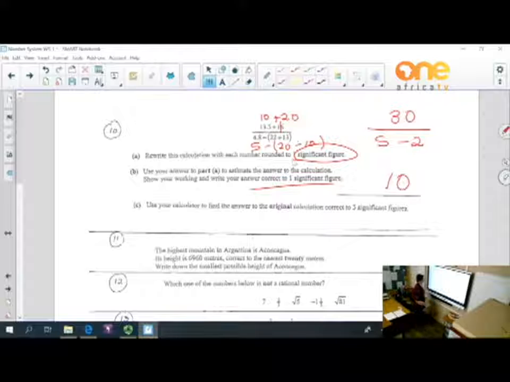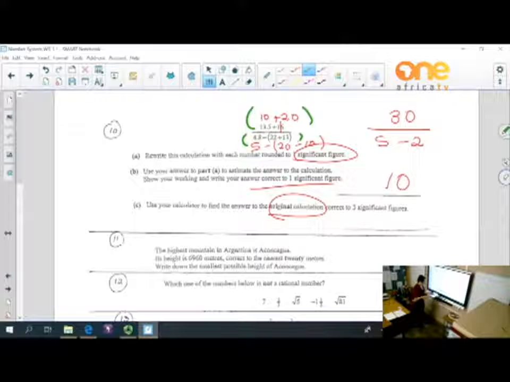Then they say use your calculator to find the original calculation correct to 3 significant figures. Now it would just be good if you could use extra brackets there, otherwise you're going to get wrong answers. And then we do it on our calculator.